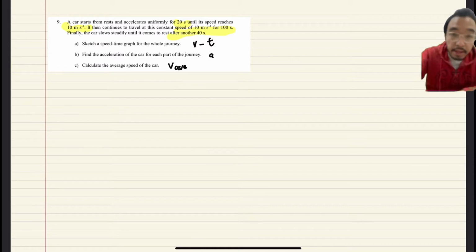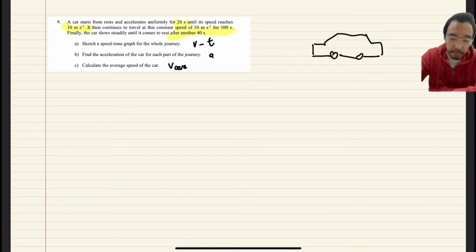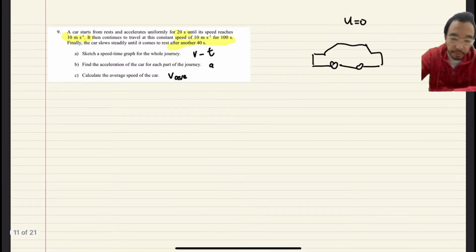Okay, you can start by trying to draw. You already highlighted the important information, then maybe you can try to draw the situation out. This is a car. Initially, it is at rest. And then it accelerates for 20 seconds.